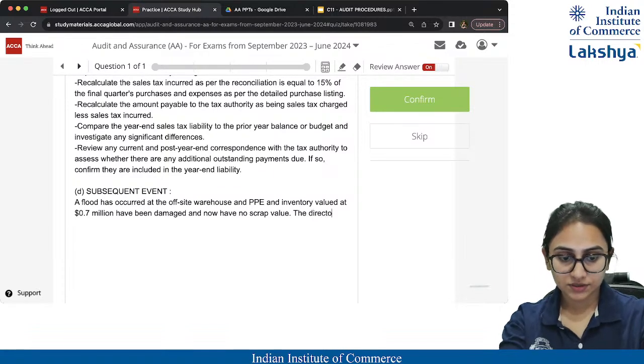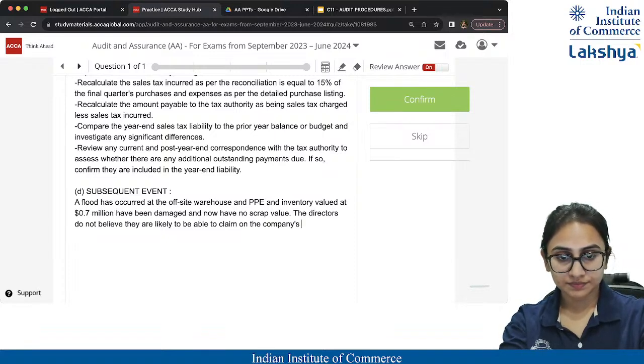The directors do not believe they are likely to be able to claim on the company's insurance for the damaged assets.